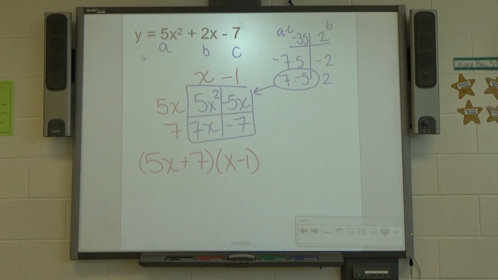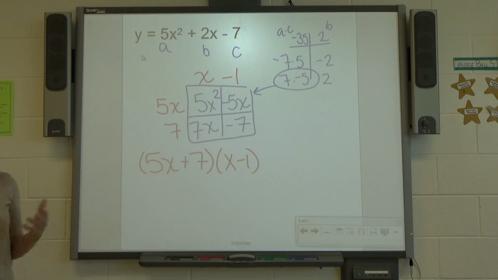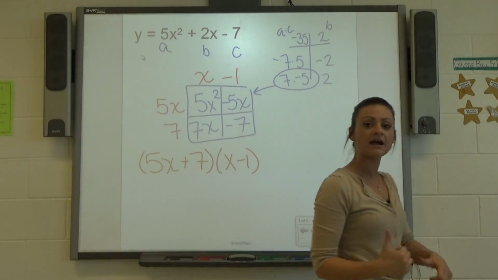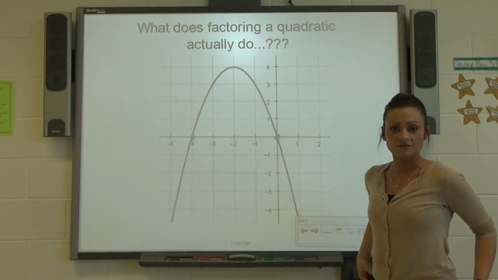And I will tell you that from here on out, I'm not done yet, because my goal is to find my zeros. So I'm going to switch back to the parabola graph that I had on the last slide. My goal is to find the zeros.